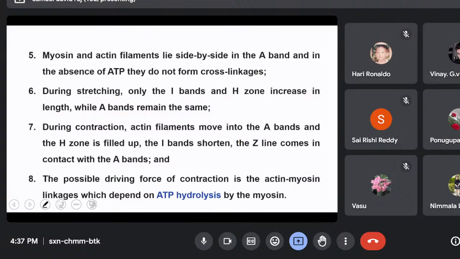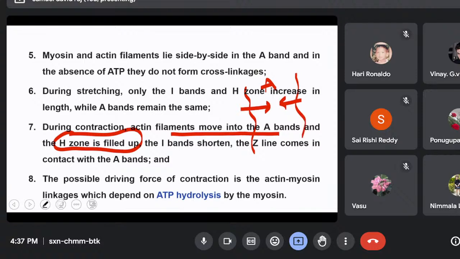During contraction, they also suggested that actin filaments move into the A bands, and the H zone is said to be filled up so that the I band is shortened, and the Z line, which was previously this long, now comes to this much length.